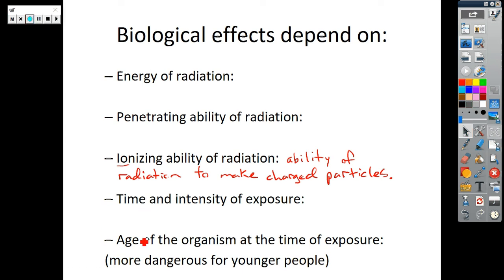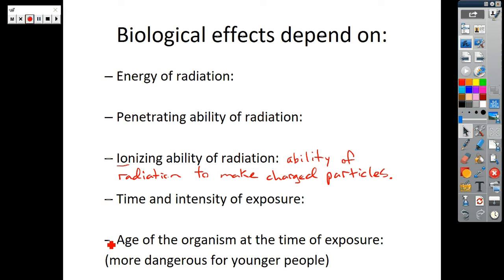Finally, the age of the organism. You would think that younger people would tend to bounce back better, but actually radiation exposure is more dangerous for younger people because one of the major risks associated with radiation exposure is cancer. And if you have a younger person, you're going to have more time for those cancers to develop as the person gets older.